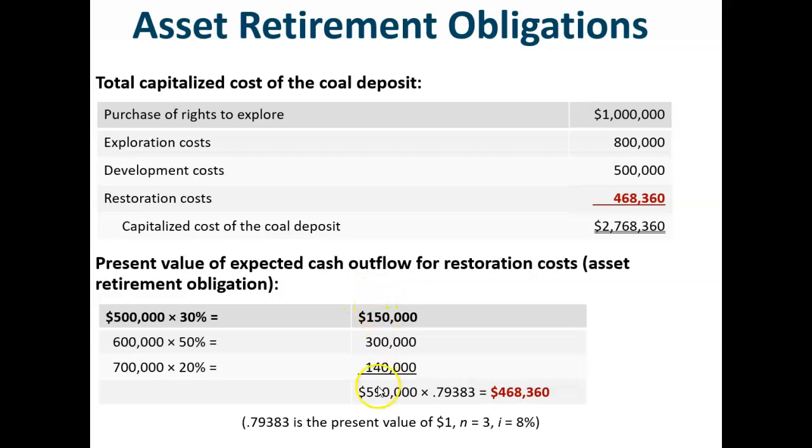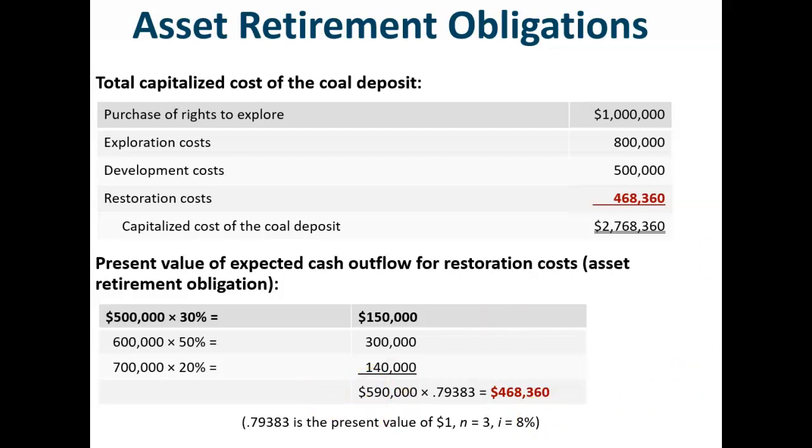It's important to remember that the cash flow for asset retirement costs was an estimate made on the date the asset was purchased, 3 years ago. And, as with all estimates, the actual amount that will ultimately be paid for restoration costs might be more or less than the original estimate.